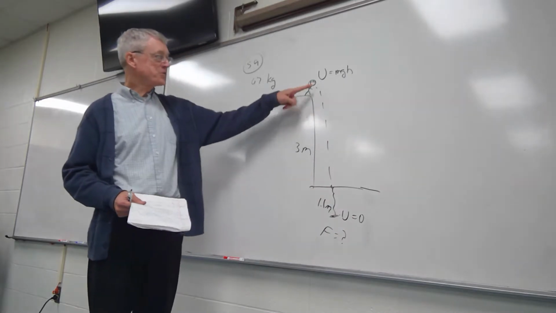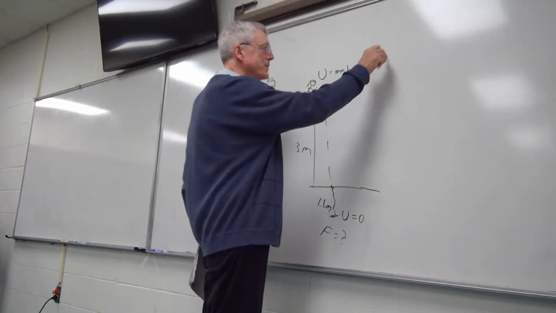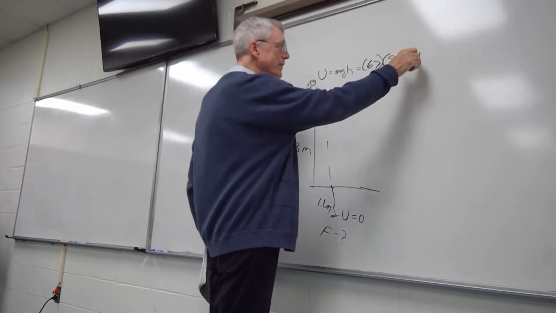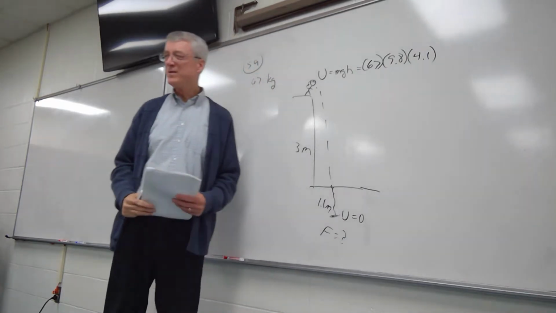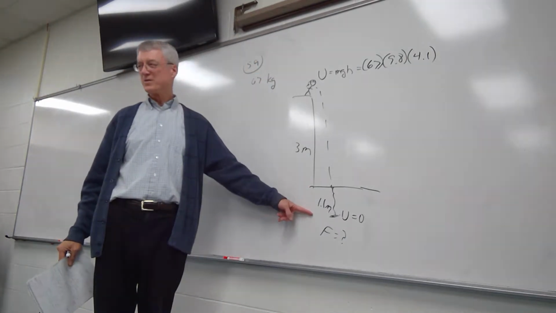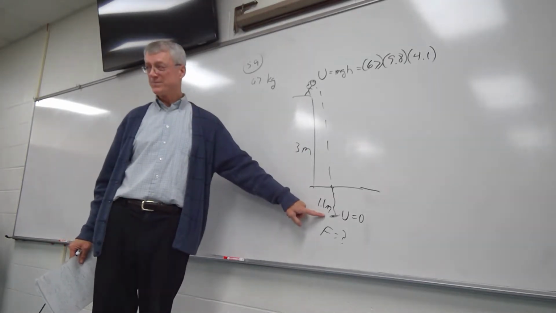That means her potential energy up here was her mass, 67, times g, 9.8, times 4.1. You see where I got the 4.1? 3 meters to the water and then 1.1 meters further. That's how high she is above H equals 0.